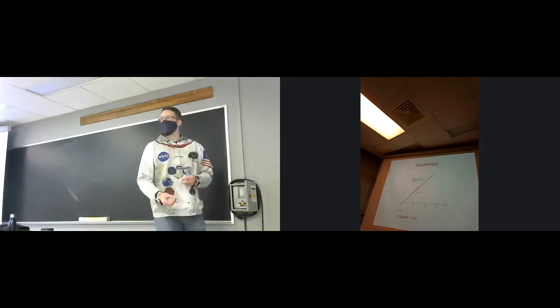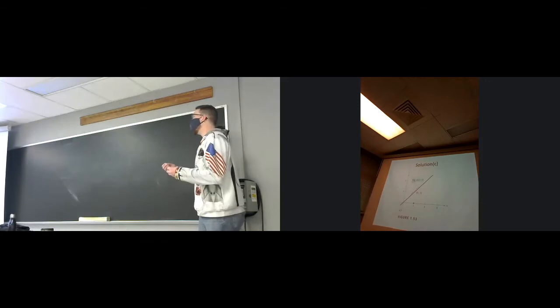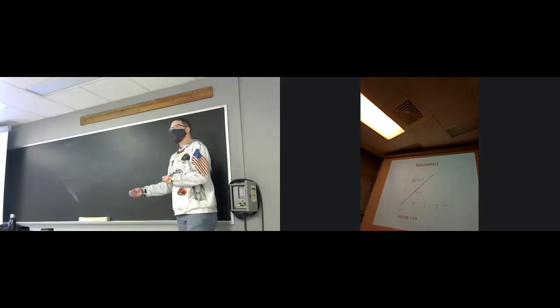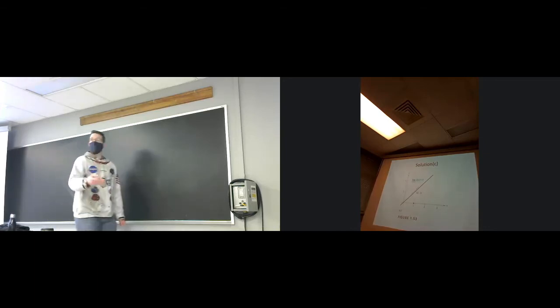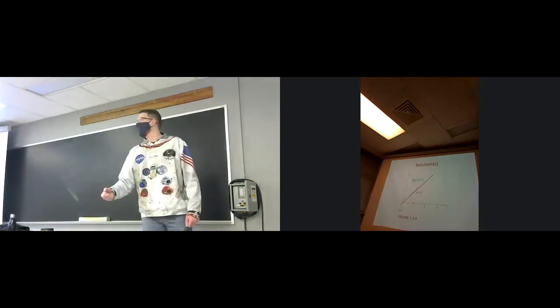So the limit isn't asking what our function is at the point. The limit is asking, based on the numbers around our point, what would we guess the function is? Make sense? So here, the limit would give us 1, but the function, just by itself, f of 1 would give us 0.